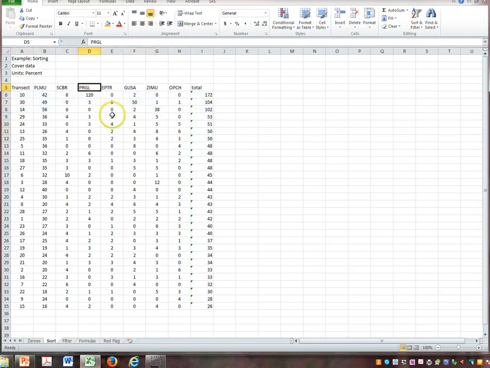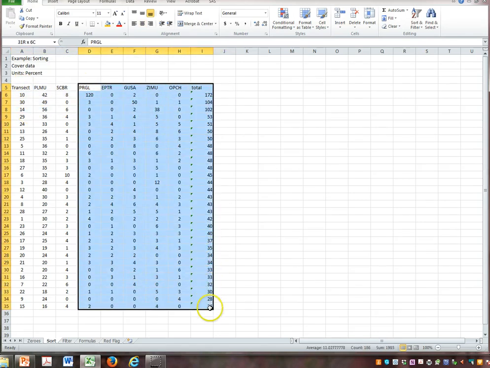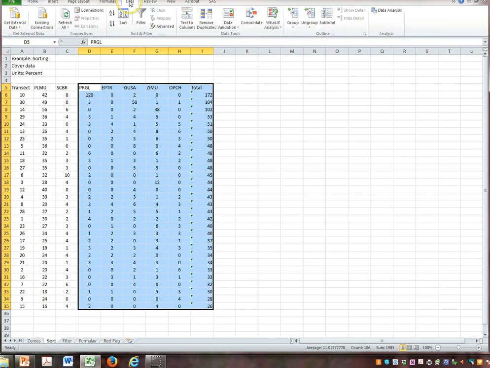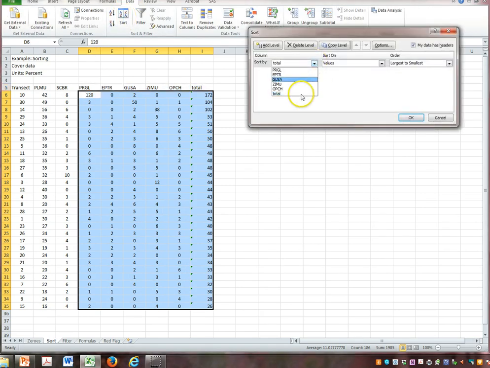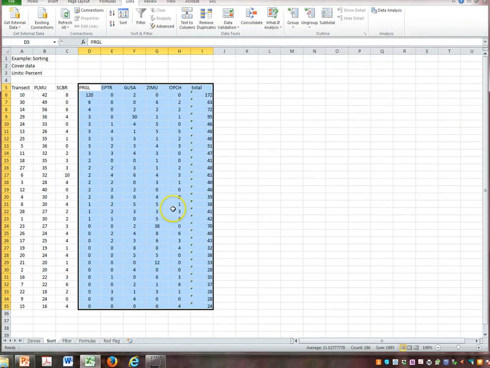So for example, if we didn't select all of the data and then we sorted based on partial, we've now separated some of our data from the rest of the information that came with each one of the transects. Now, I'm going to use the Control Z key to get back to what it was originally.